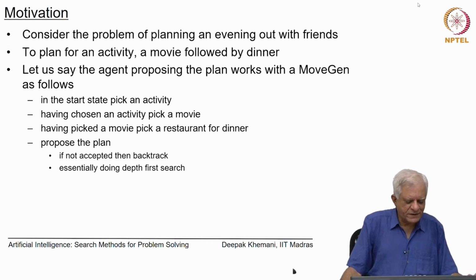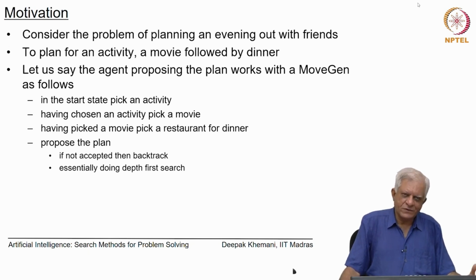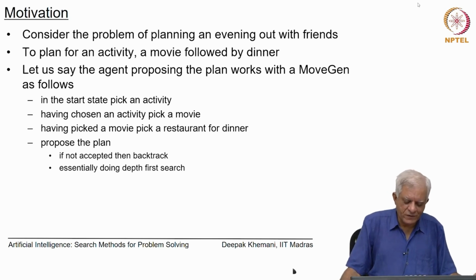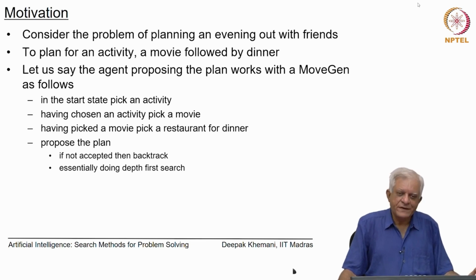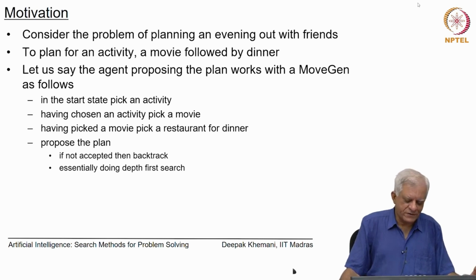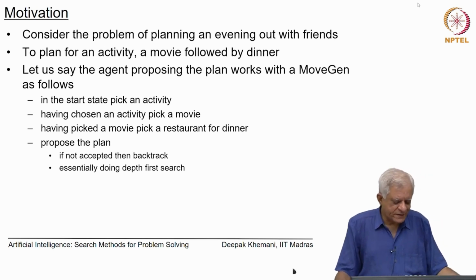It would be as follows, that in the start state you first pick an activity, then having chosen an activity you pick a movie to go to, and having picked a movie you pick a restaurant for dinner, and you propose this as a plan to your friends. If they accept it, it is good, you can go ahead and execute it. If they do not accept it, you backtrack essentially.